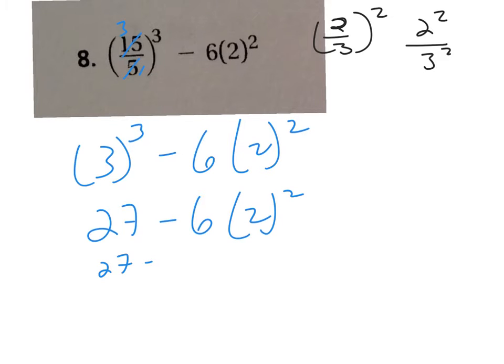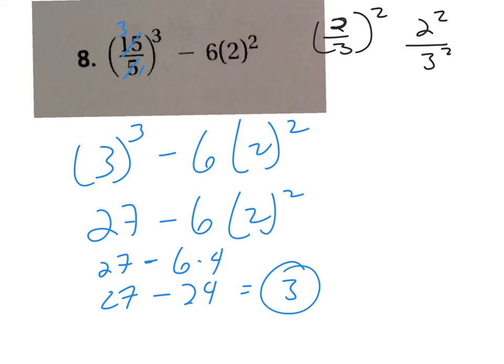So 27 minus, I have another exponent here to deal with. So 2 times 2 is 4, so 6 times 4. Now we have some multiplication to deal with before we do the subtraction. So 27 minus 24, which is 3.